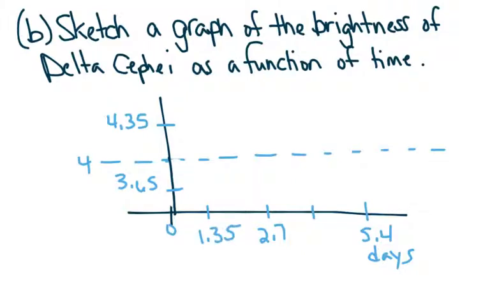And then halfway between 2.7 and 5.4 is going to be 4.05. So I've labeled my tick marks. It's a cosine curve. Cosine curves start and end their period at their maximum. Halfway in the middle they hit their minimum, and in between the max and min they hit that midline. And there is 1 period of that graph.